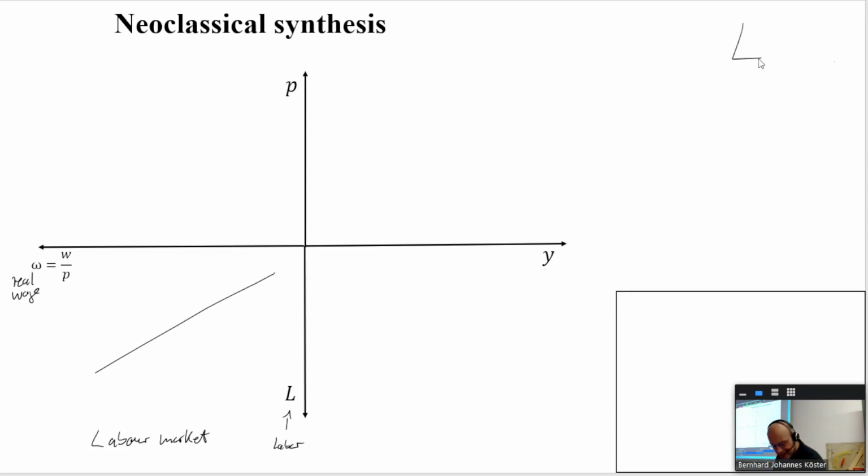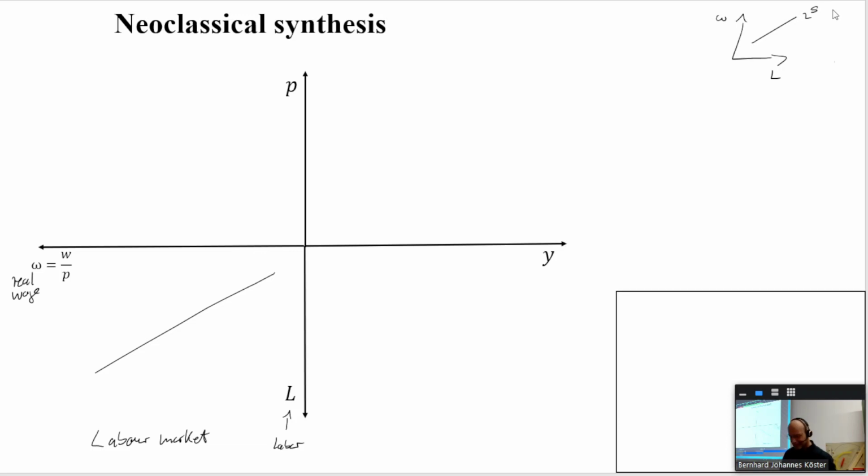So think of this: if this would be the labor market with real wage and labor, then this would be supply. And now you just flip the horizontal axis to the left and the vertical axis downwards.